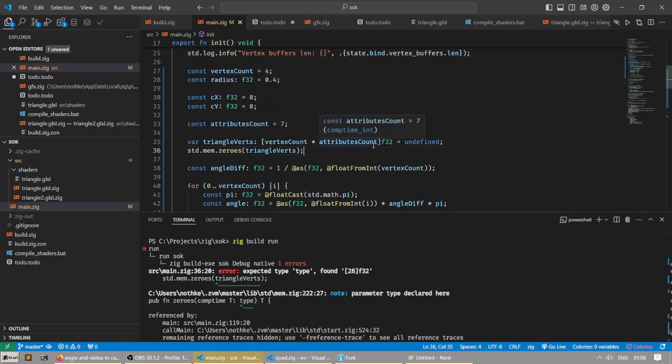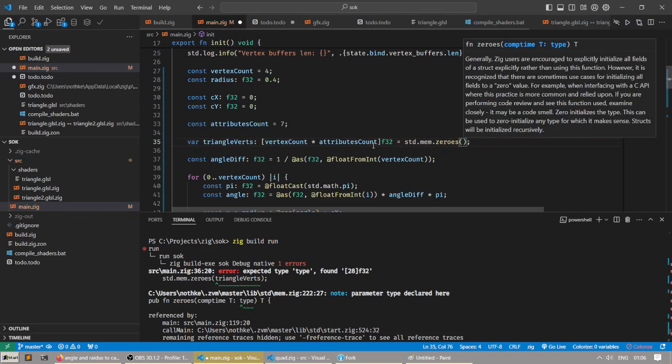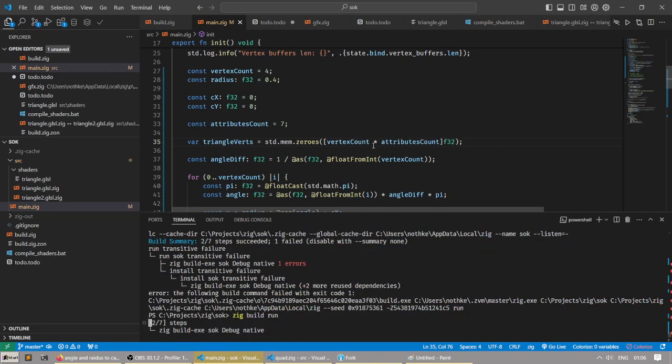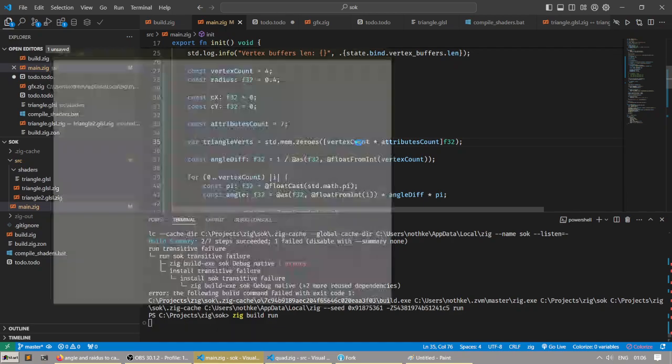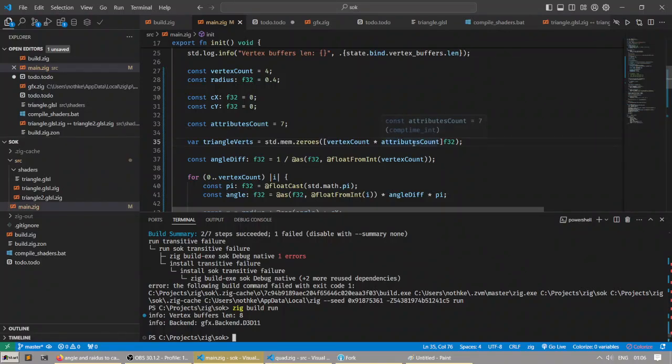Okay, it returns the type, so that should actually be here. Okay, so I'm just gonna move this one to here. But I don't think it's the problem with zeros. Yeah, it's not. It's something else.